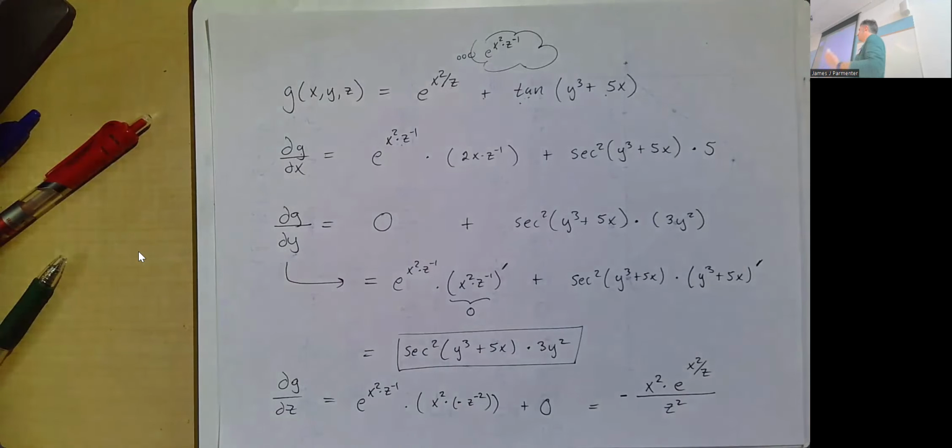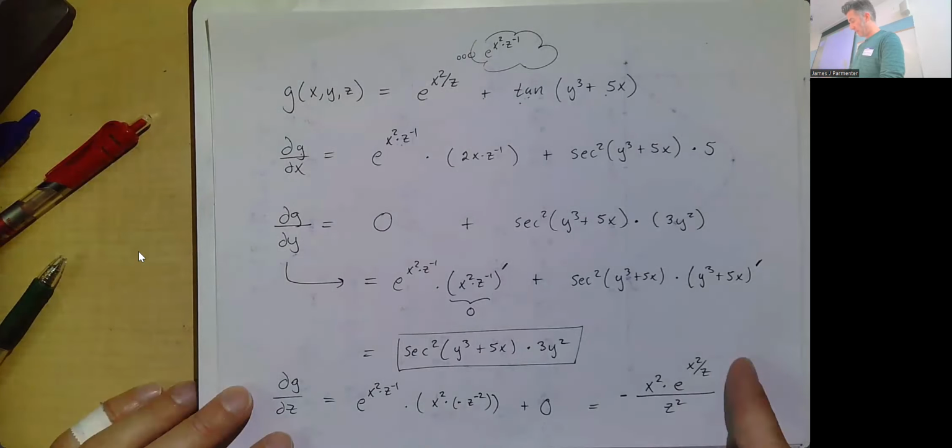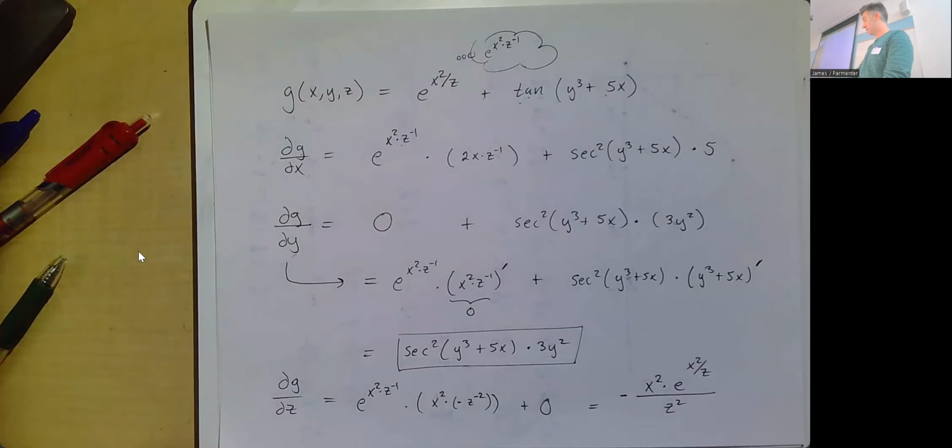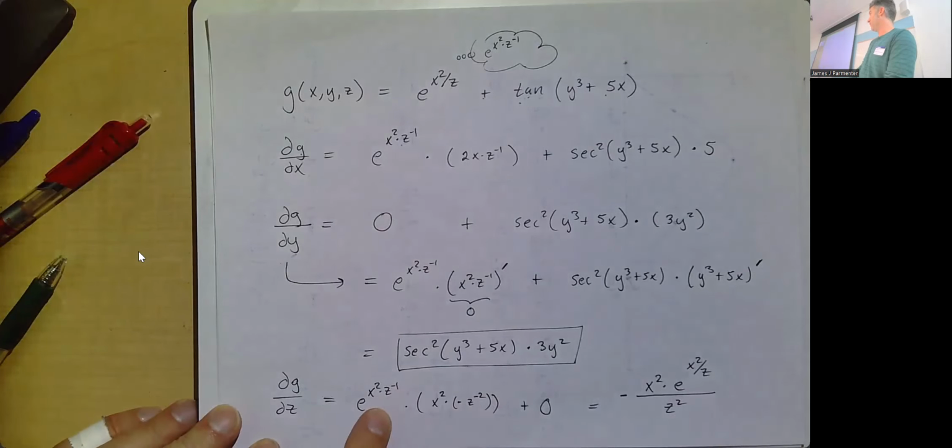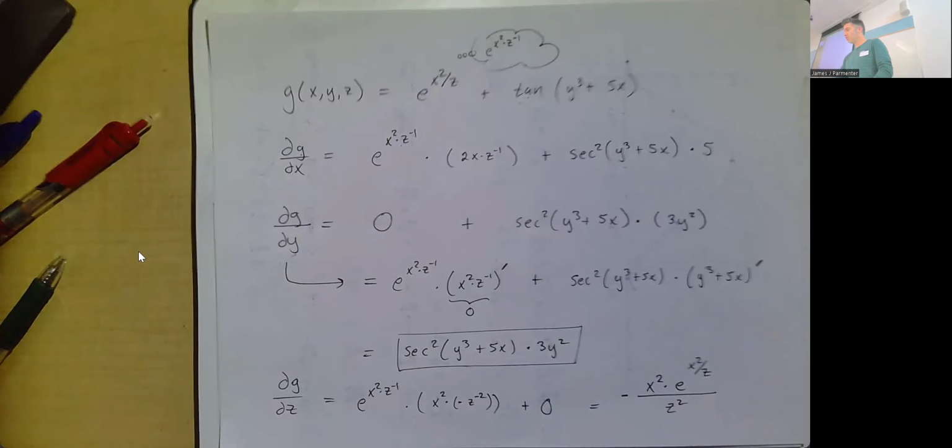Also, I will say the one thing I think is nice about writing it this way is it's way more obvious that z equal to 0 is not in the domain of this expression. Whereas over here, it's not quite as obvious that z can't be 0. 0 to the negative 1 power is undefined, but it's easier to think of it as 1 over 0 being undefined, in my opinion. Cool.